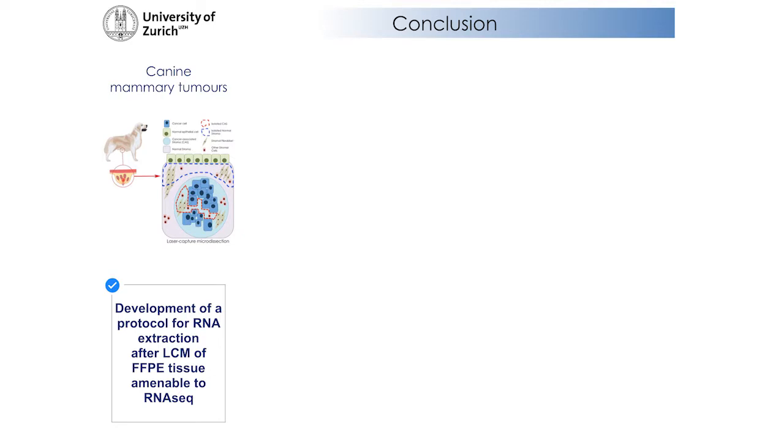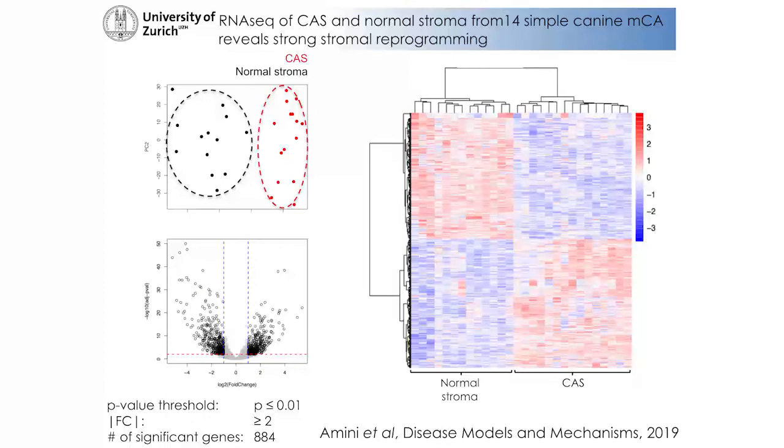So using Covaris ultrasonication, we achieved the development of a protocol for RNA extraction after laser capture microdissection of formalin-fixed paraffin-embedded tissue, which is amenable to RNA sequencing. We then went ahead and isolated cancer-associated stroma and matched normal stroma from a cohort of 14 simple canine mammary carcinoma and sequenced them.